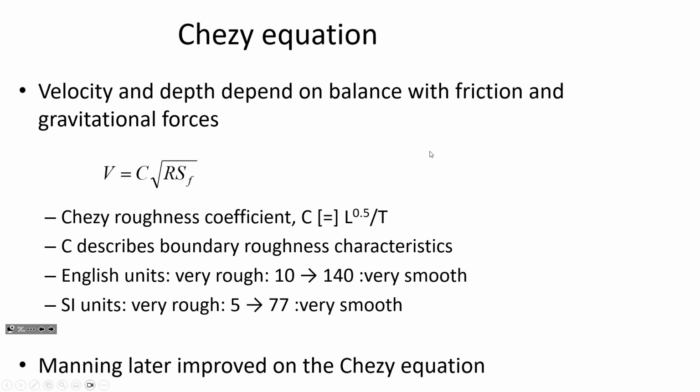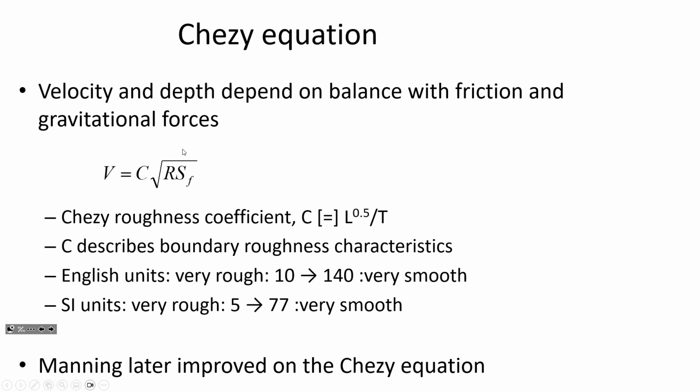What the Chezy equation says is that if you know the slope of the energy grade line, S sub F, and you know the hydraulic radius of a channel, there's some proportionality factor, C, to what the velocity of flow will be.